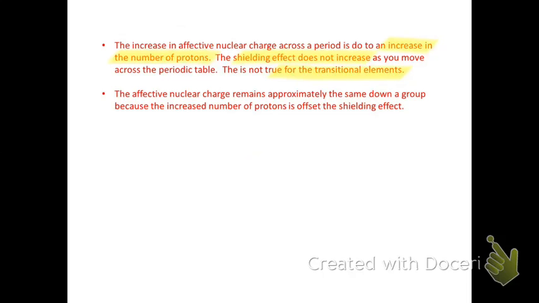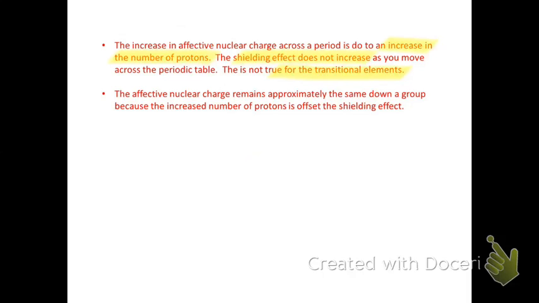You might want to write that in your notes: the shielding effect increases with the transition elements, and so it offsets the increasing number of protons, and therefore there's not a lot of change in the effective nuclear charge going across the periodic table when you hit the transition elements.